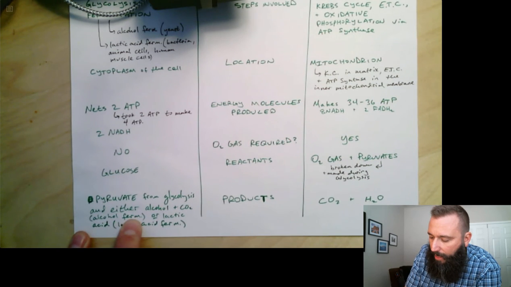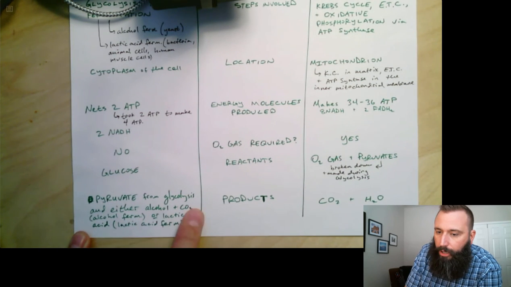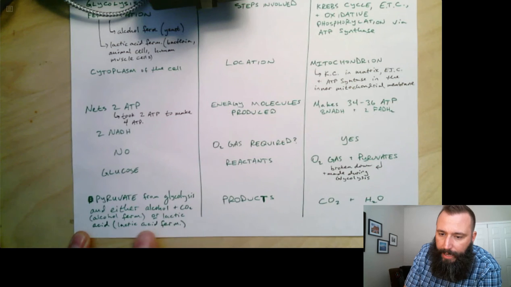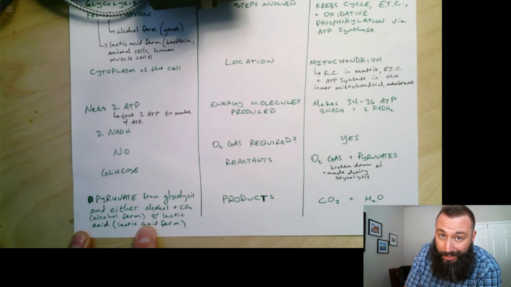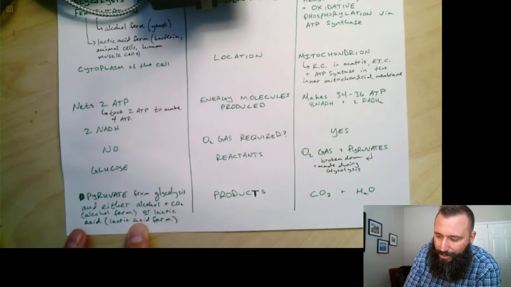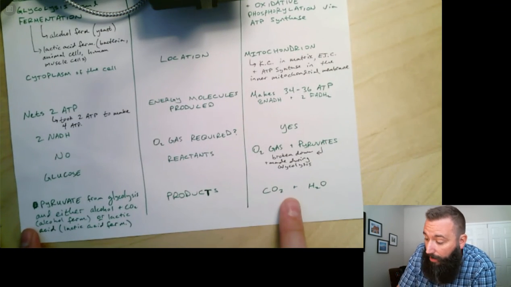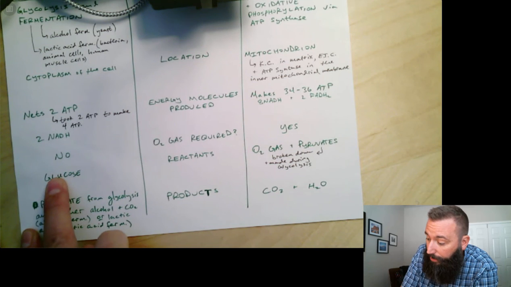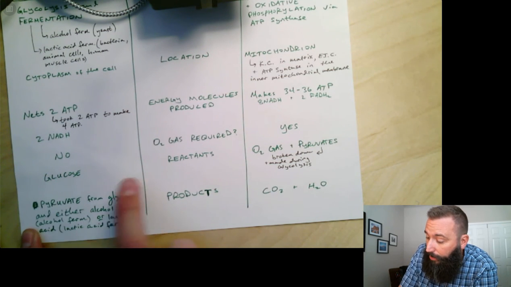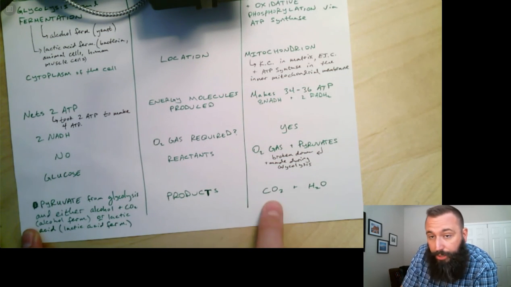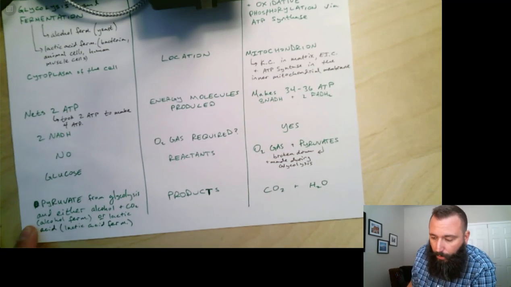In terms of alcohol fermentation, alcohol and carbon dioxide are produced. And in terms of lactic acid fermentation, lactic acid is produced. Those are the products associated with anaerobic respiration. And then if we do have oxygen present and we're able to fully oxidize glucose in the presence of O2 gas, then we'll produce carbon dioxide and water.